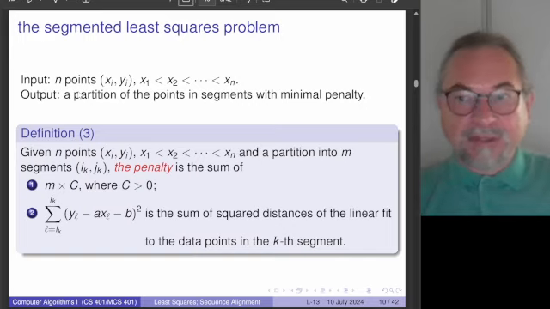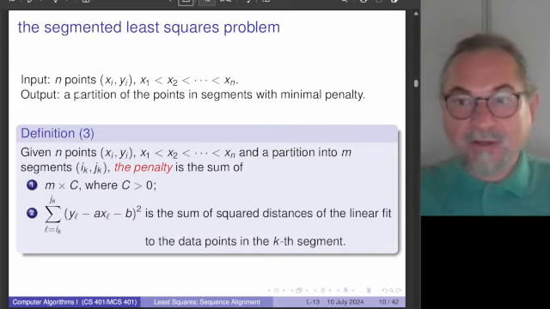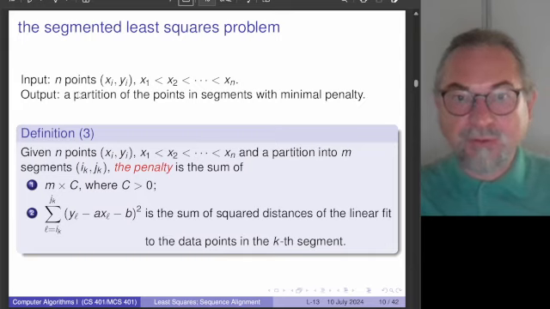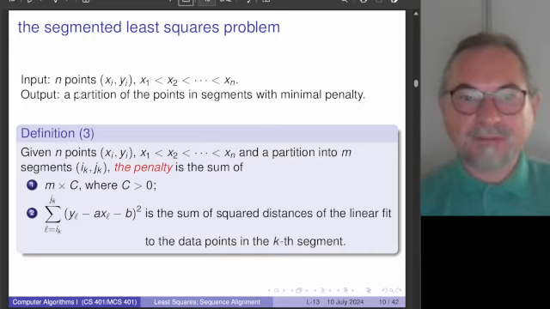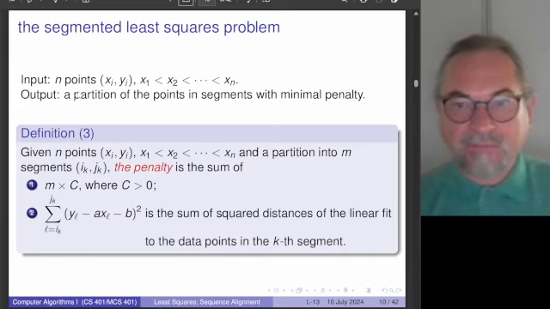So C equals 0 gives you these connecting the dots. C equals infinity gives you the least squares, where you use one line. Choosing the value of C is left abstract in this theoretical course, but for the practitioner, you may want to run your algorithm with several values of C to see what you get.